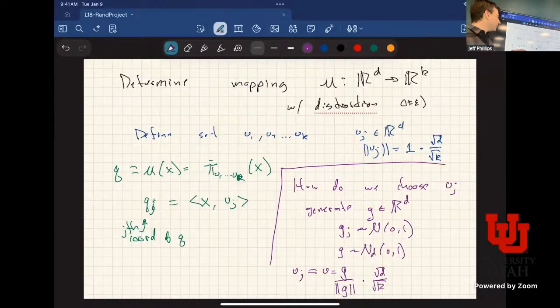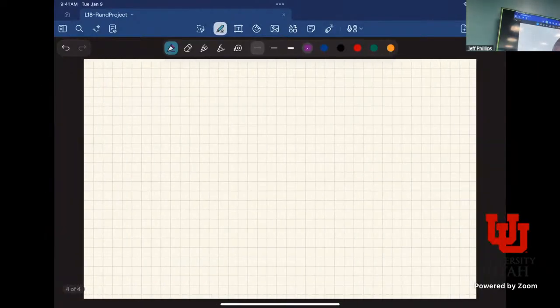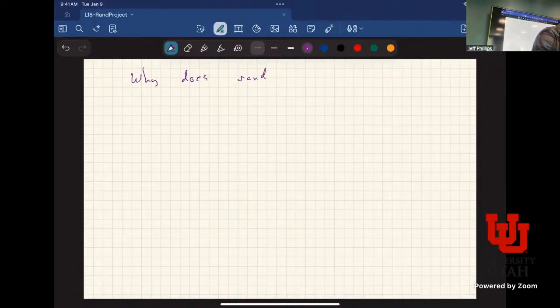And then I do this projection to get each coordinate of a point Q as a dot product with one of these. Okay, so this is the whole algorithm. So why is this useful? Let's look at why random projection works.